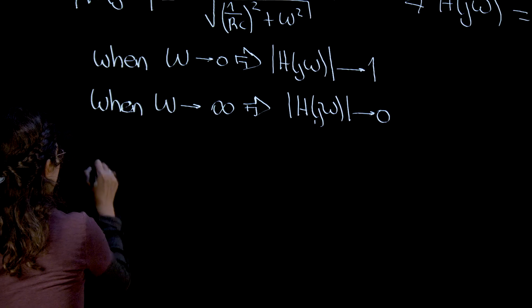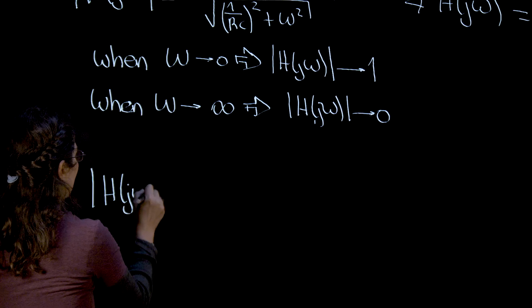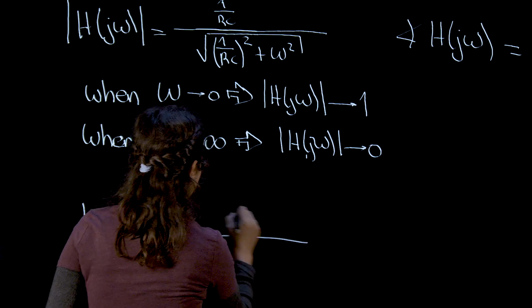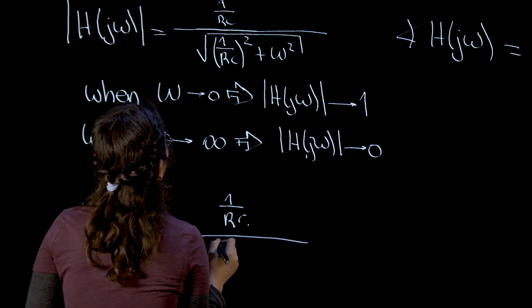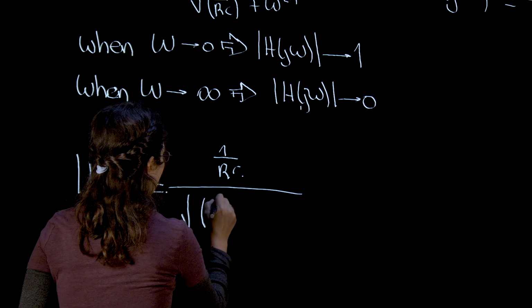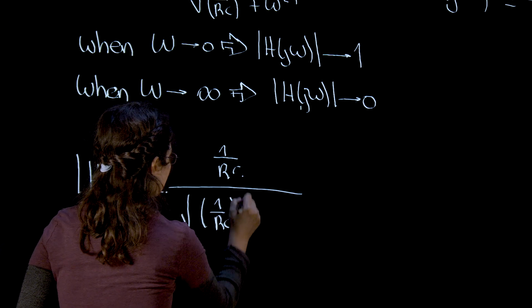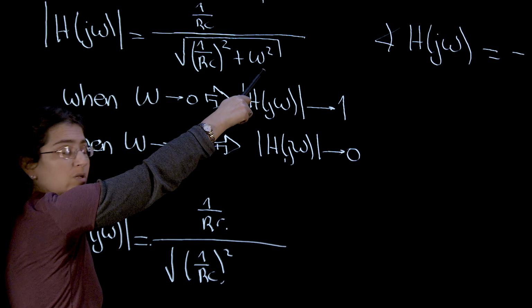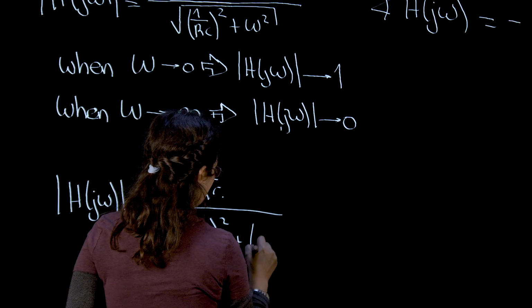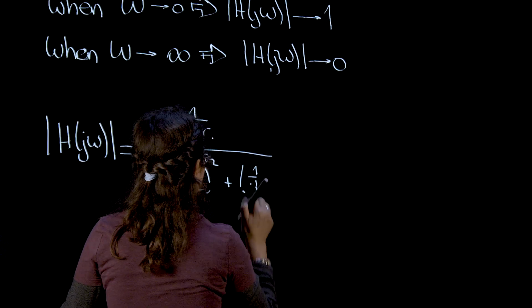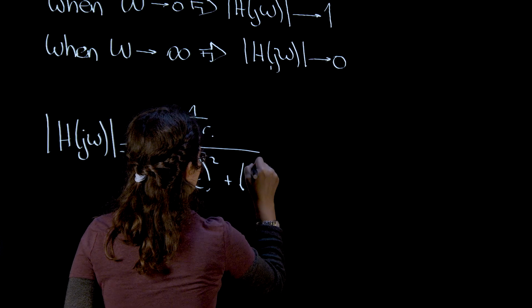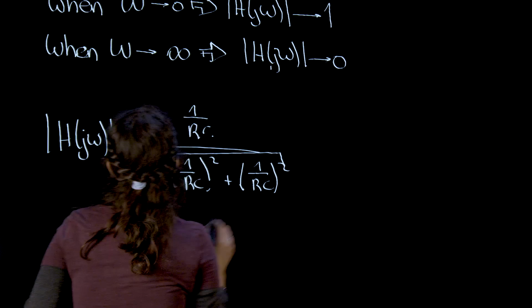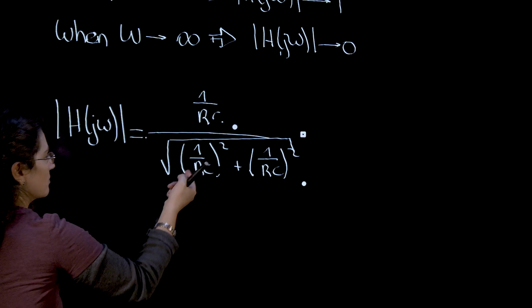So the magnitude of h of j omega would be equal to 1 over RC over square root of 1 over RC squared, and then I put again 1 over RC for omega, plus 1 over RC squared. So that gives me basically 2 times this.